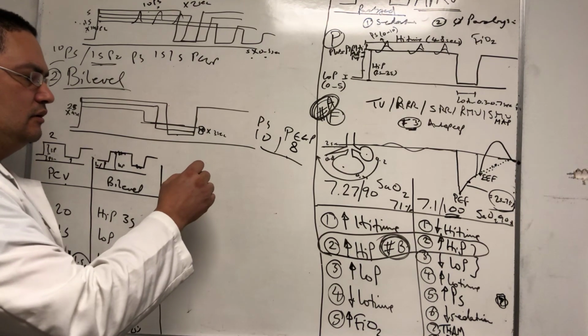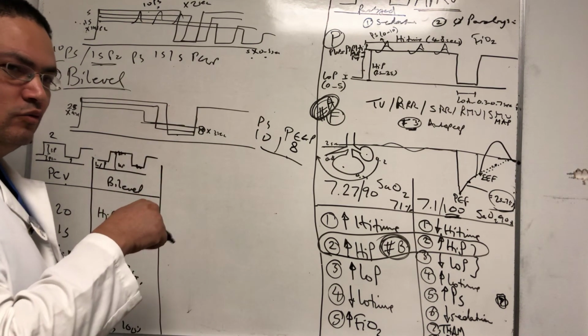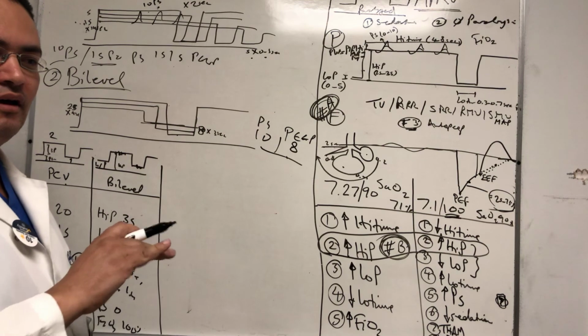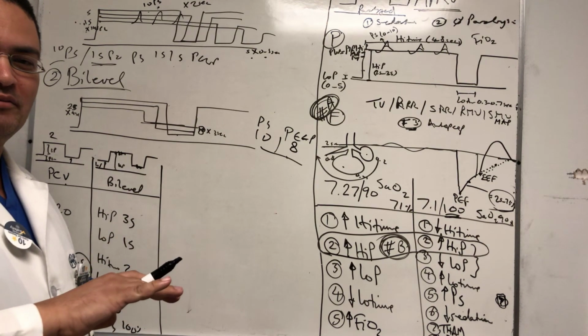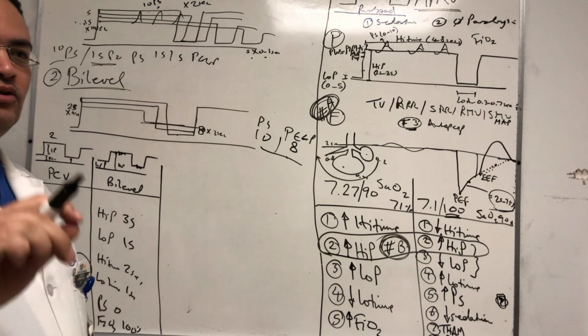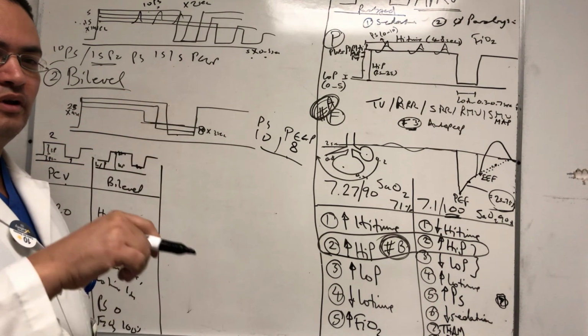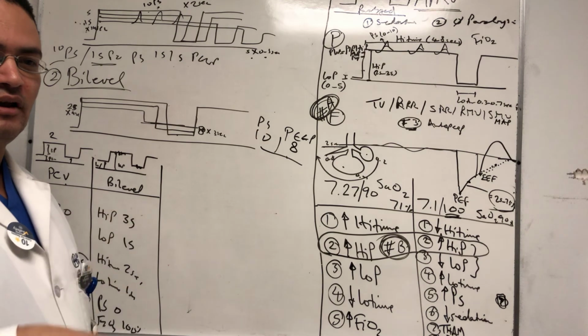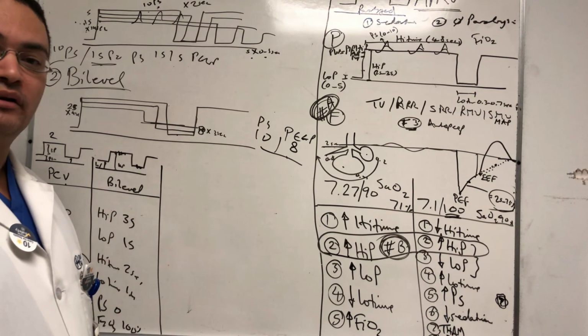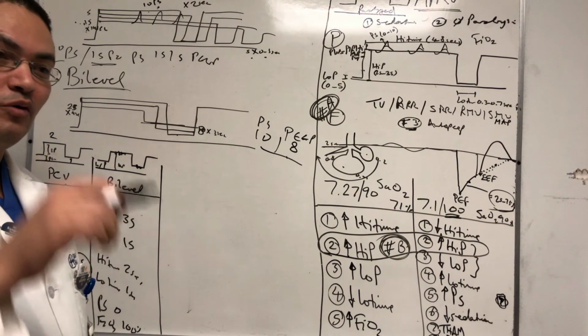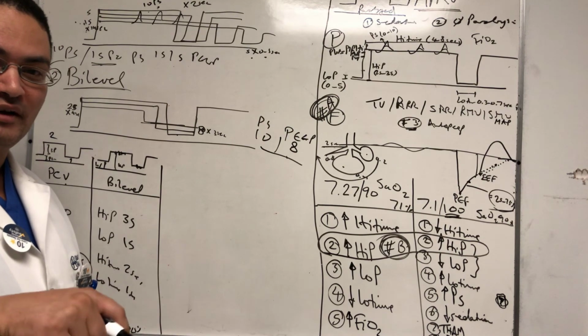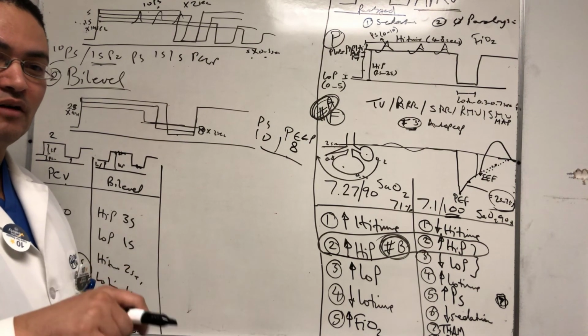Because of that, we lied to people. We made a rule, and we actually lied to everybody. We said you cannot have bi-level with high time and low time that are not equal. So you can always guarantee in this hospital, when you do bi-level, that the high time and the low time are equal.